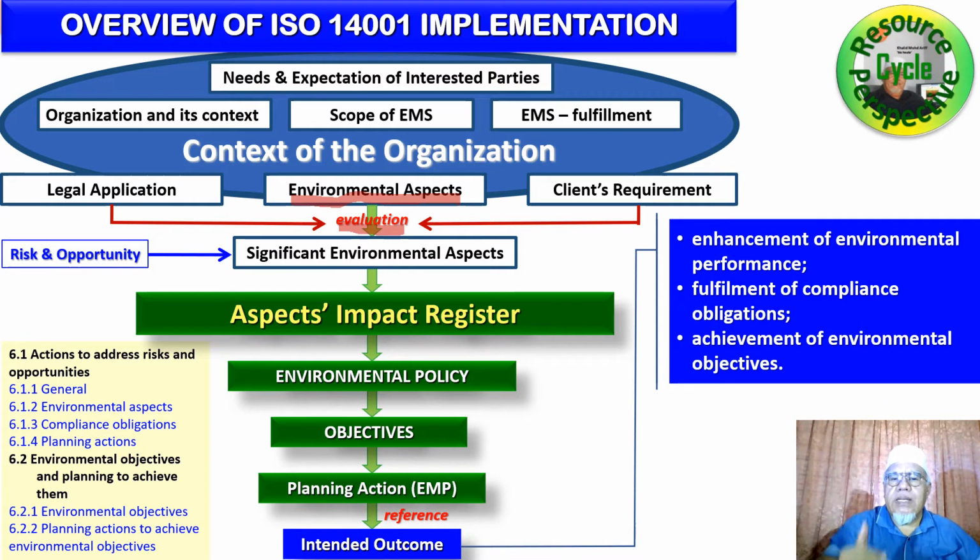We prioritize those environmental aspects according to legal liability, compliance obligations, interested parties, etc. And especially those environmental aspects that are rather challenging to be managed for that particular company, we'll prioritize that. Once the evaluation is done, we have that array or list of environmental aspects. Then I would incorporate a column called risk and opportunity in this table.